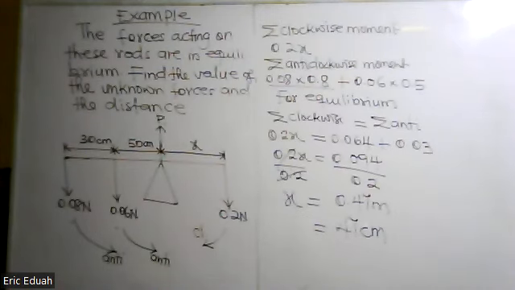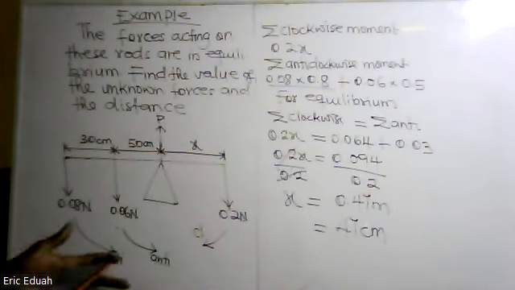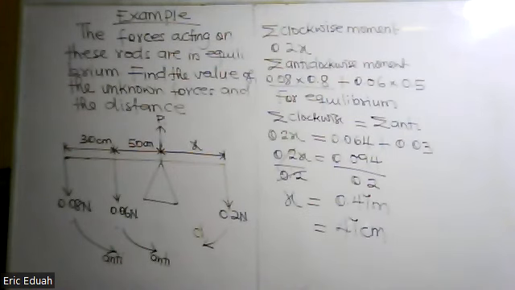Let me take a shot and then send it to the group. With regards to this question, we have two forces at the left-hand side of the pivot. I'm coming to give you another question.